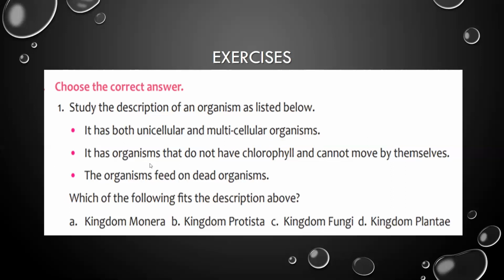Number 2: it has organisms that do not have chlorophyll and cannot move by themselves. So what kingdom is this? Next, the organisms feed on dead organisms. Okay, so what is this?